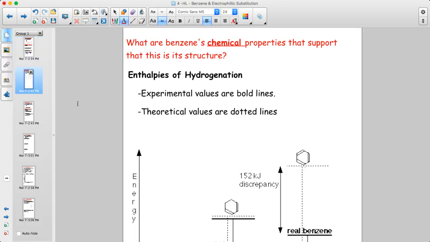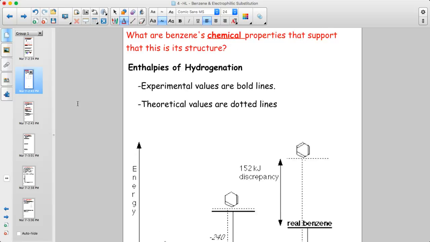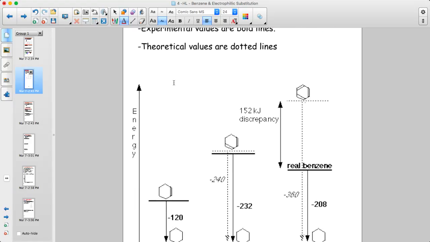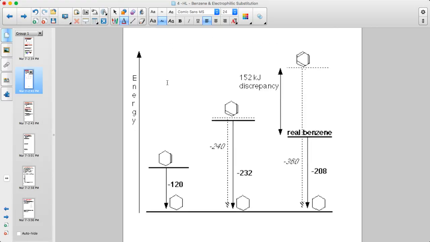And then there's a number of chemical properties. So one of the chemical properties has to do with the enthalpy changes associated with doing the hydrogenation reaction. So if you'll recall, the last topic was addition reactions, and the one where we added hydrogen was called hydrogenation. And below it shows experimental values and theoretical values.